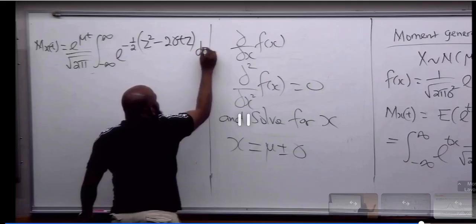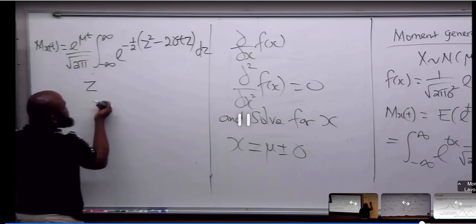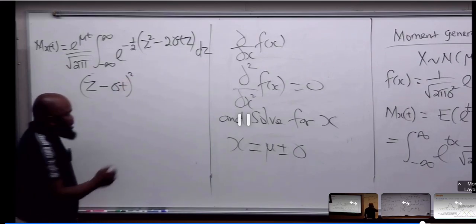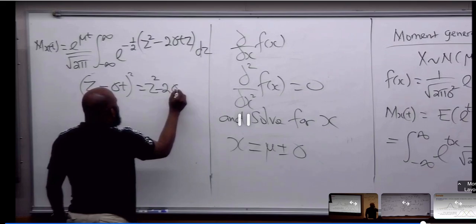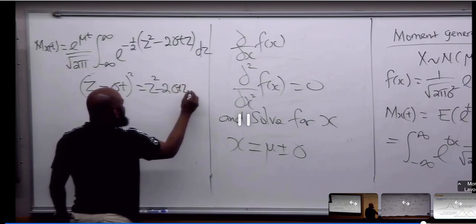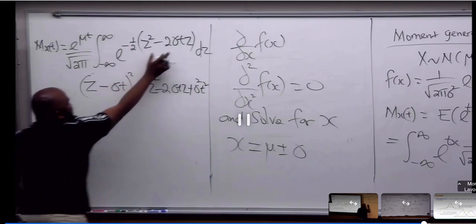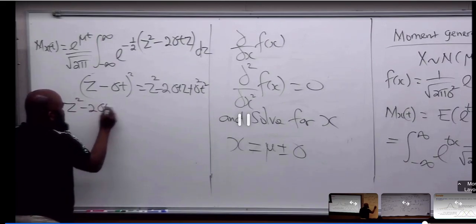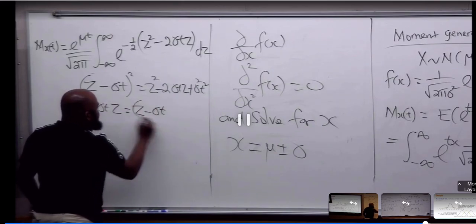Now if you take a look at this, I want to do something. (z minus sigma t) all squared. What does that mean? That would be z squared minus 2 sigma t z plus sigma squared t squared. I want to use that here, so z squared minus 2 sigma t z equals this minus that, (z minus sigma t) all squared minus sigma squared t squared.